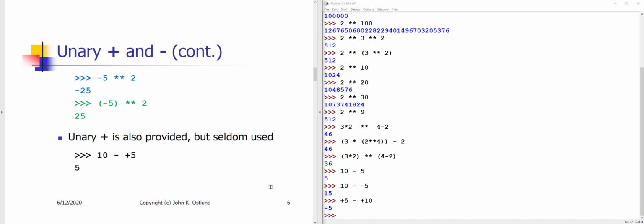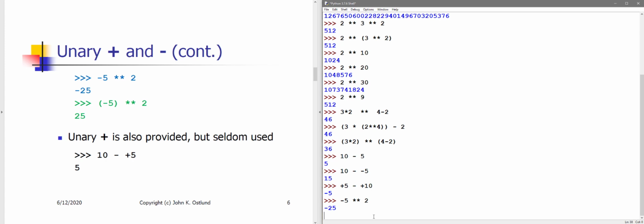All right. So because of this strange fact that the unary minus has lower precedence than exponentiation, when I write minus 5 to the power of 2, once again, despite my spacing, which makes it clear what I'm trying to do, Python's precedence rules cause this to be evaluated as minus 25.